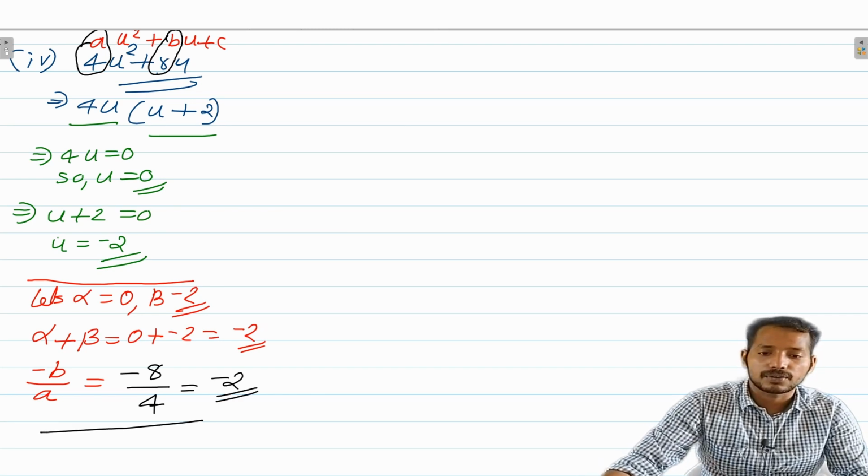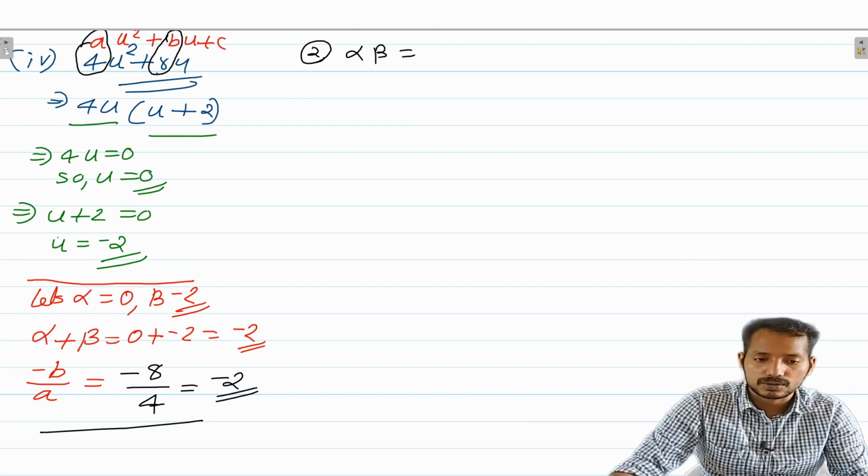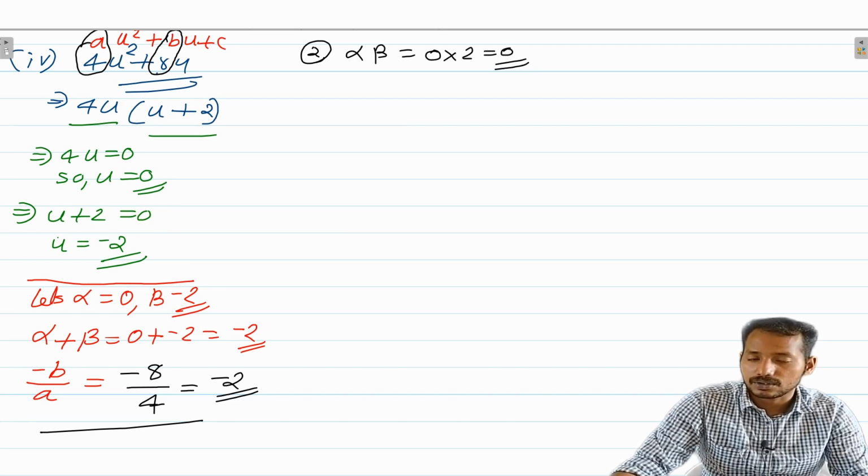Similarly we can verify alpha into beta, that is the second relation. Alpha into beta is equal to 0 into minus 2, which is equal to 0. What about the right side of this equation, that is c by a? What about c? C is 0 because there is no constant term.